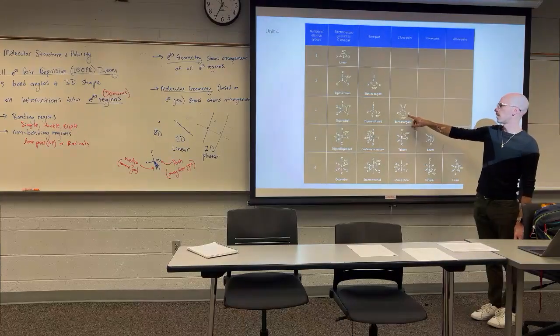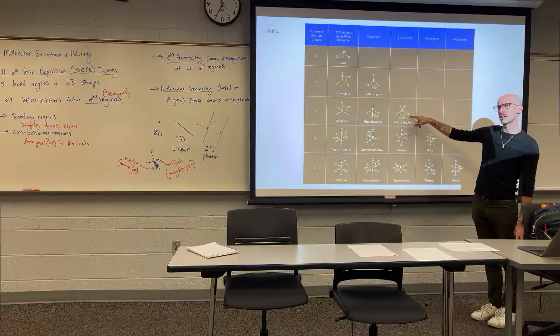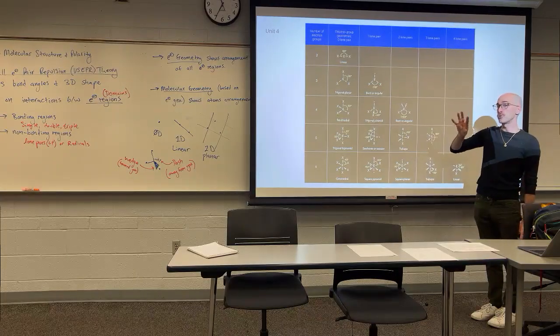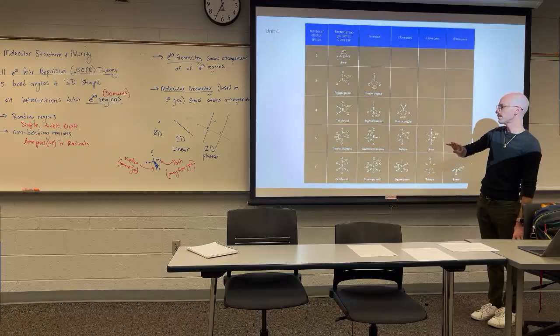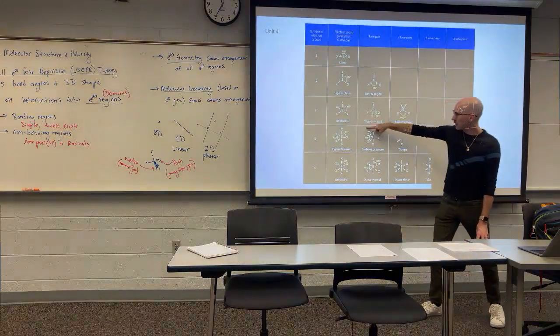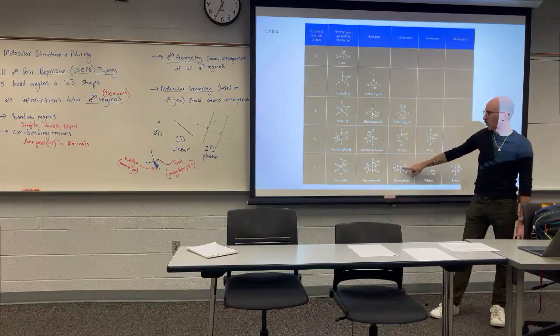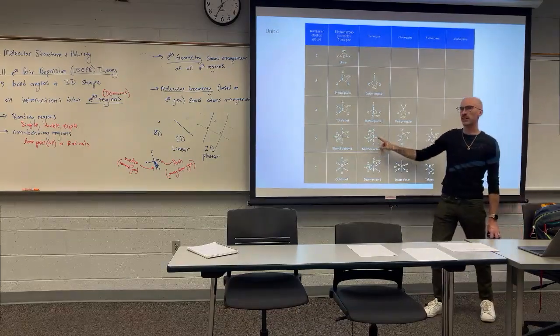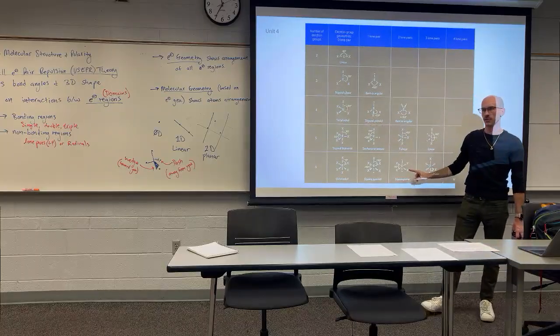But it's not just 2 things coming off the copper, is it? It's 4 things. So you've got 4 bonds. Those 4 bonds are either going to be this, this, or this. You've got 4 bonds, and you have to decide which of these molecular geometries you're actually seeing.